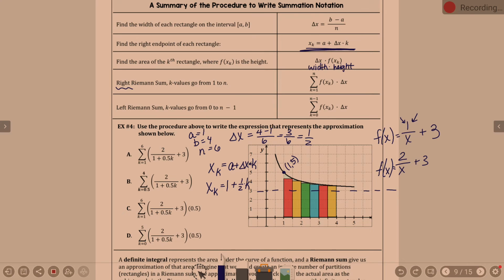So if we are using the function f of x equals, not 1 over x, what's that supposed to be? 2 over x plus 3. What does f of x sub k look like?